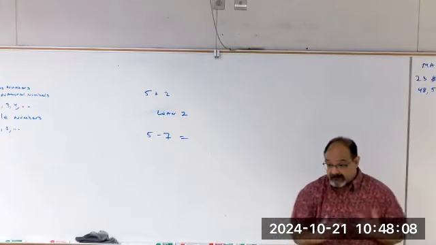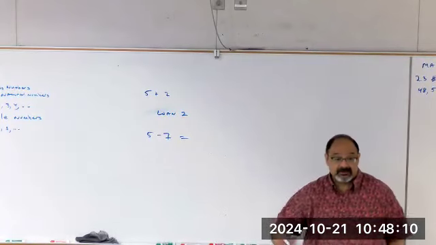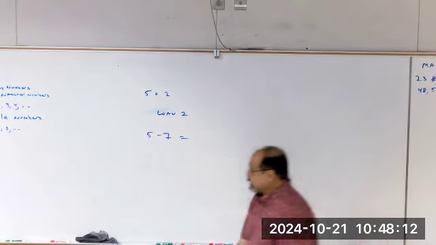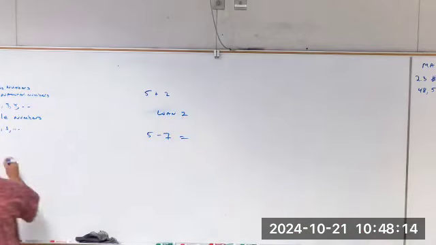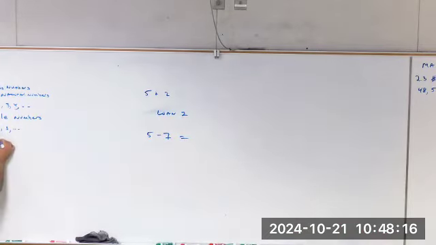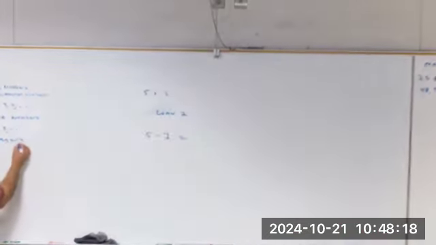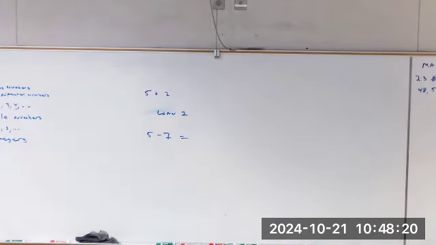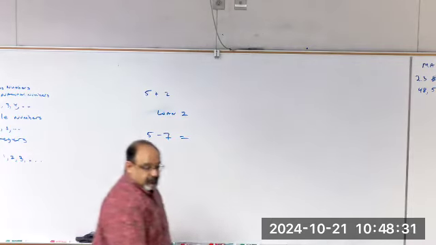Because we come up with a problem that 5 minus 7 exists, there must be an answer somewhere. So that set of numbers is called the integers. From negative infinity to positive infinity. To the left, to the right.